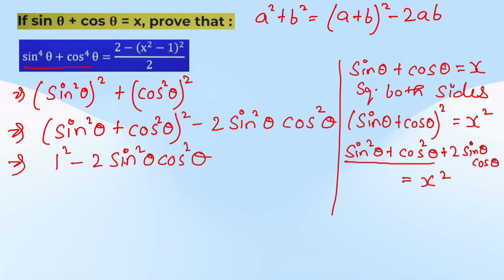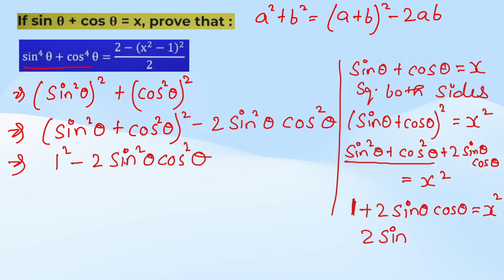Sin square theta plus cos square theta will become 1. So 1 plus 2 sin theta cos theta equals x square. So in place of 2 sin theta cos theta, I can put the value x square minus 1. What will be the value of sin theta cos theta?